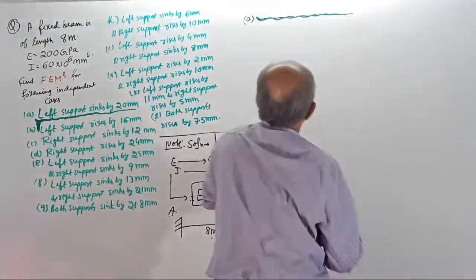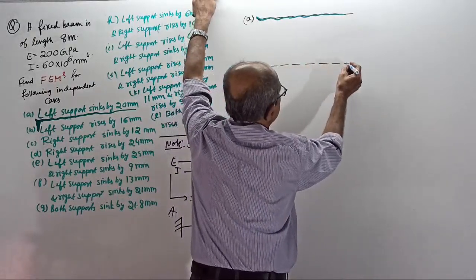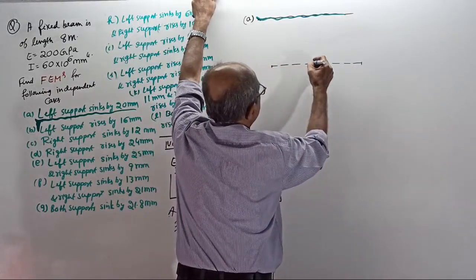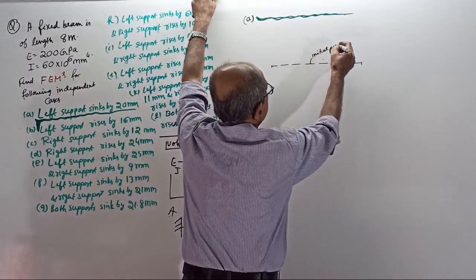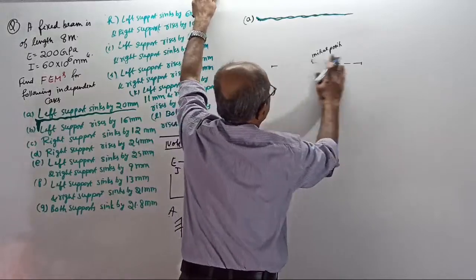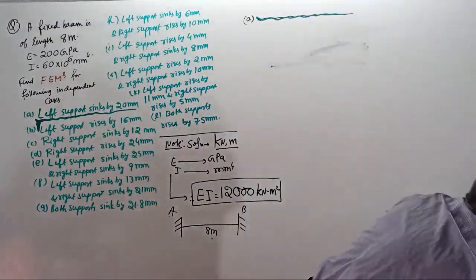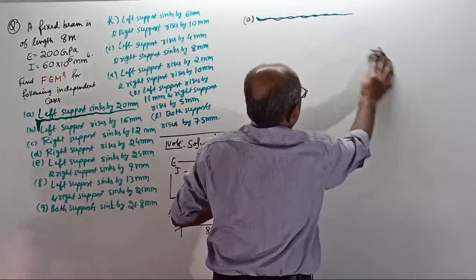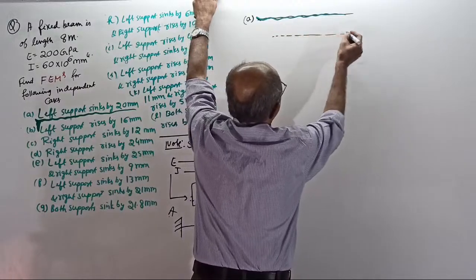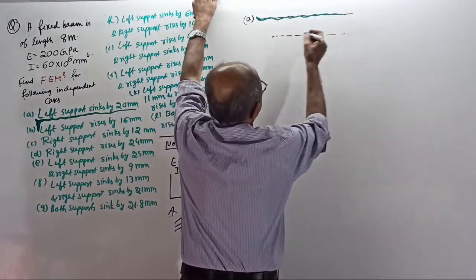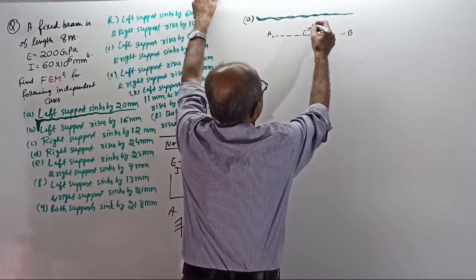See, this is the dotted line. This is the initial position. No, I want it separately. Otherwise an A, B, C, D problem will come for you, not for me. First the light line. This is permanent, same for all questions. A is here, B is here. Initial position.